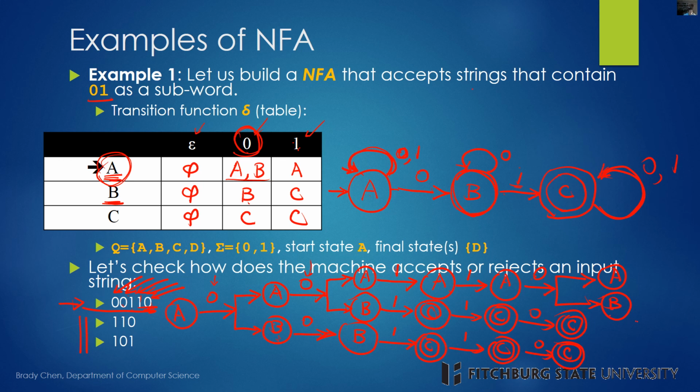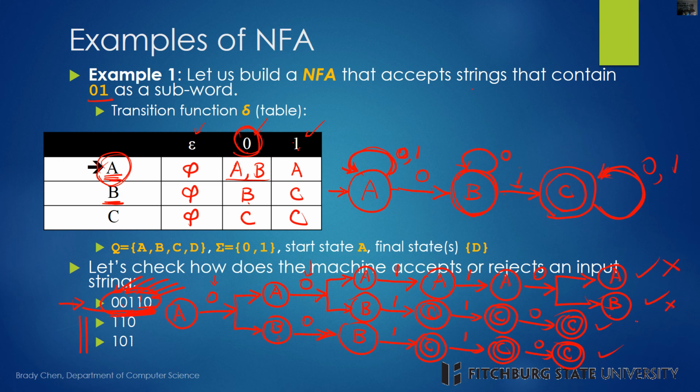Now what's the conclusion? Okay, the conclusion is, because for the sequence 0, 0, 1, 1, 0, you have potentially 4 destinations: A, B, C, and C. A is not an accepting state.